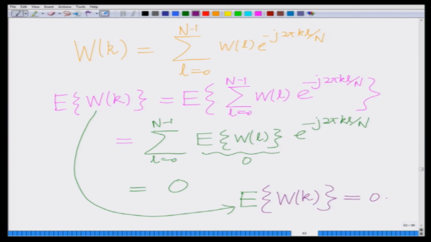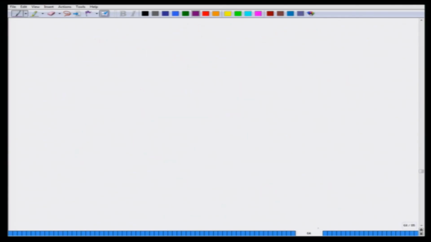Now, let us look at the variance of each noise sample. Let us look at the expected value of the magnitude W_k square, and let us ask this question, what is this?